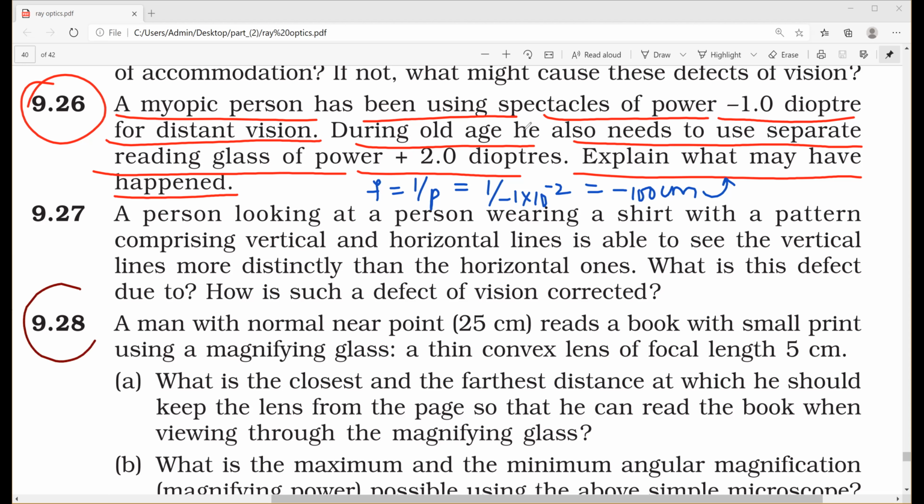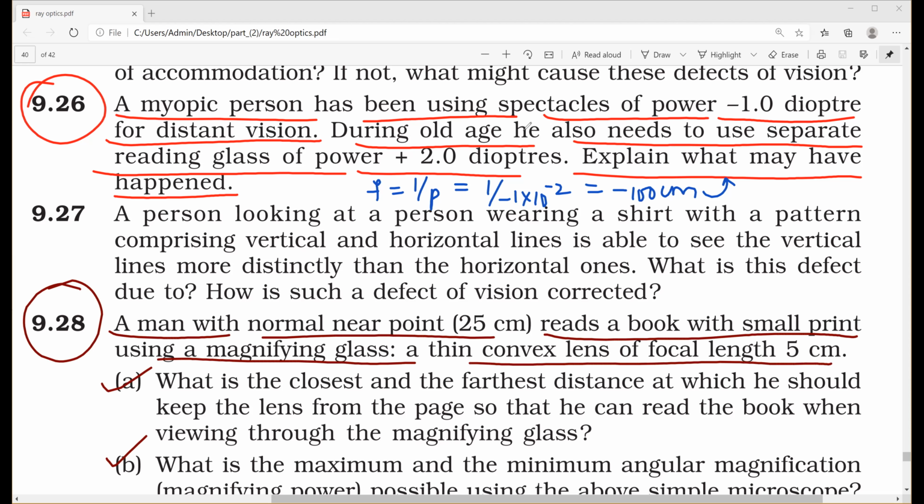In 9.28, they have asked two questions, A and B. A man with a normal near point reads a book with small print using a magnifying glass, a thin convex lens of focal length 5 cm.